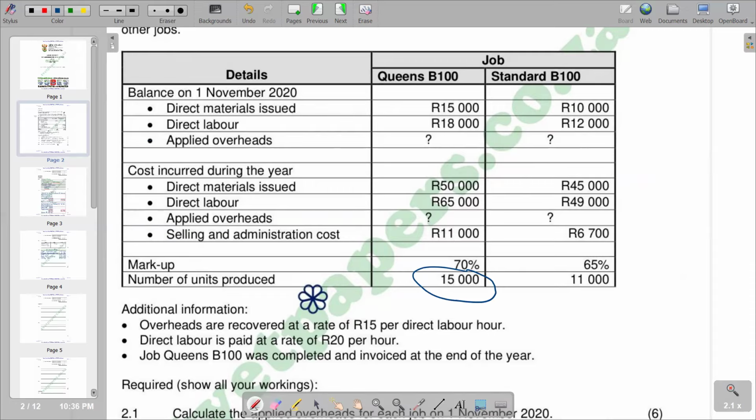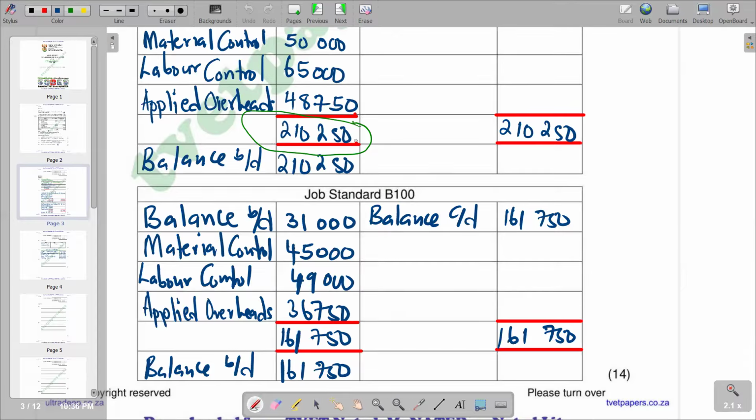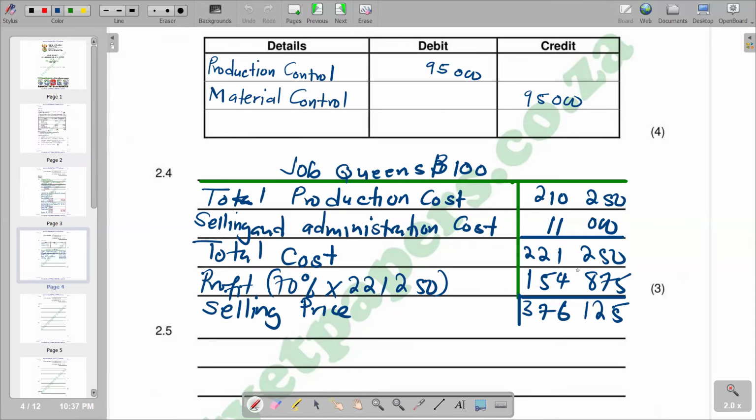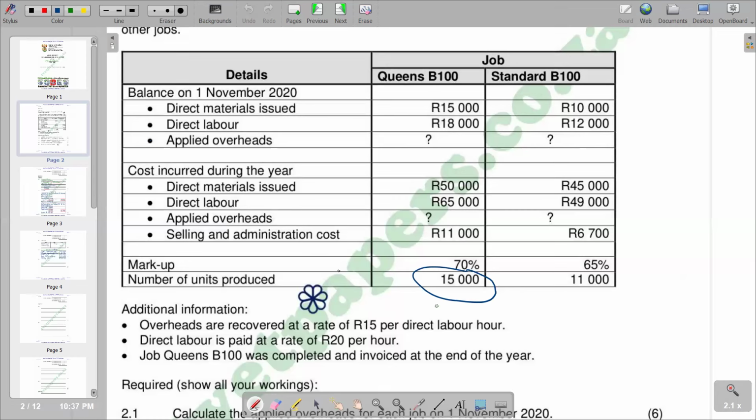For total production costs, we're going to say direct material issued plus direct labor plus applied overheads. And we did calculate that total cost here, and we got it as 210,250. And then we add the 11,000, that is the selling and administration cost. We add it to get a total, then we divide by 15,000 to get the cost price per unit. So we divide this figure by 15,000, being the number of units produced.